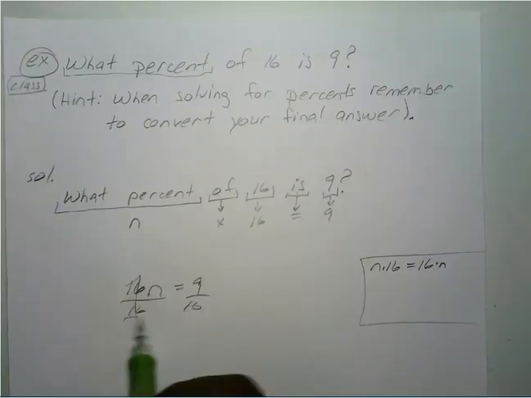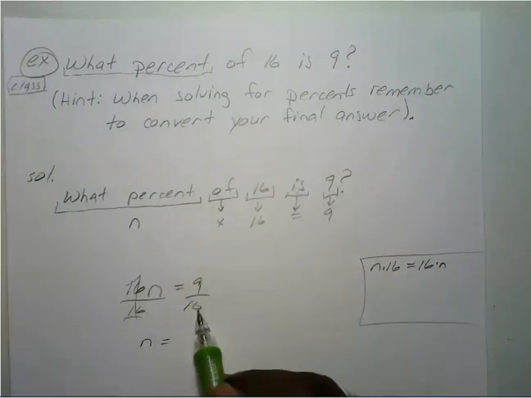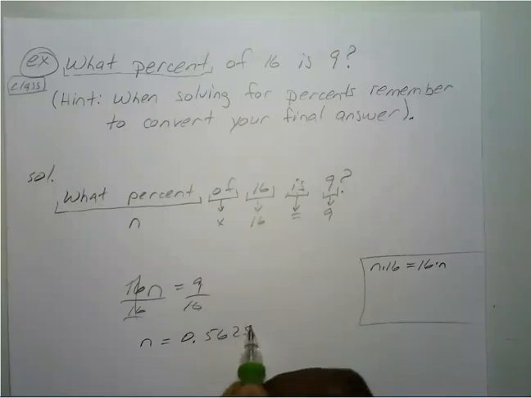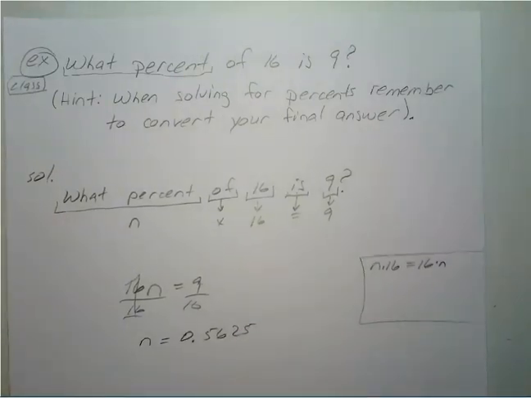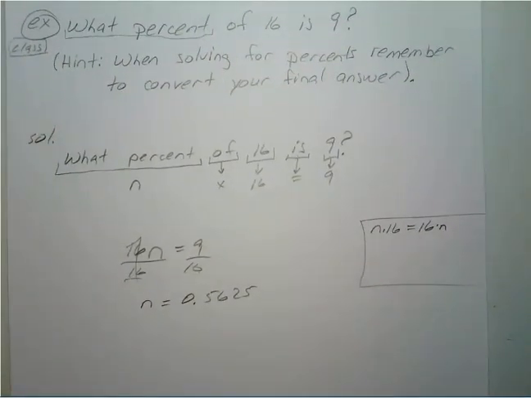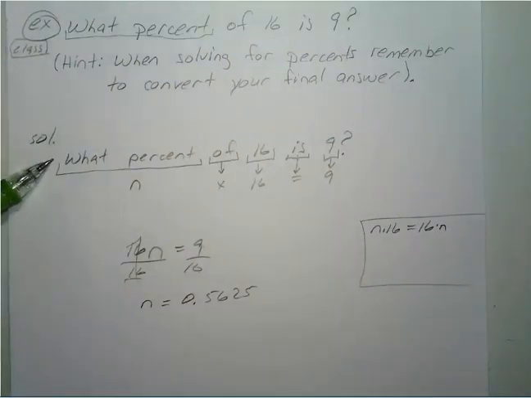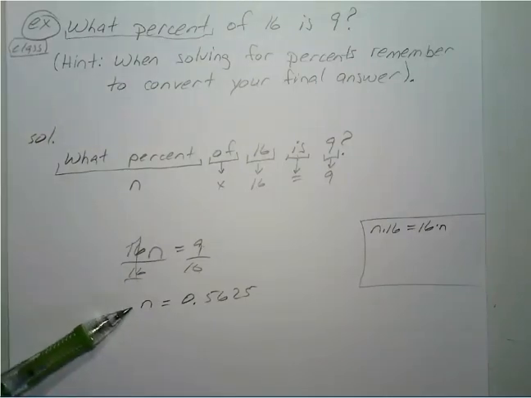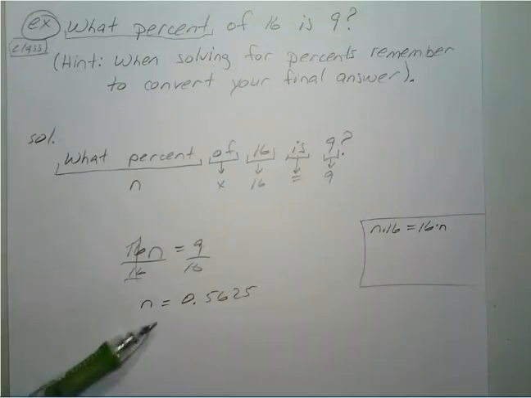Anything divided by itself is just 1. So n is equal to 9 divided by 16. You plug that into your calculator, 0.5625. All right. So now if you turn this in as your answer to a percentage problem using the equation method, this would be incorrect because this is the decimal form of it. Okay. When using this method, you have to convert it.